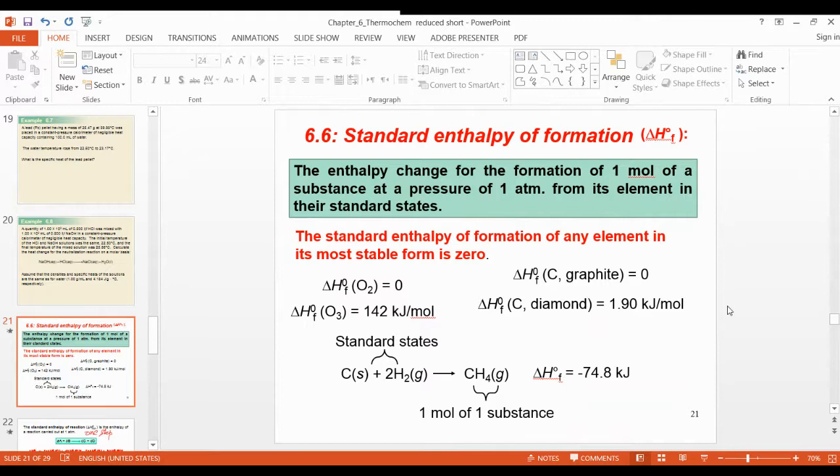The standard enthalpy of formation of any element in its most stable form is 0. As I told you in the periodic table, the standard enthalpy of formation of the pure elements, either oxygen, nitrogen, fluorine, chlorine, bromine, are all 0, right?